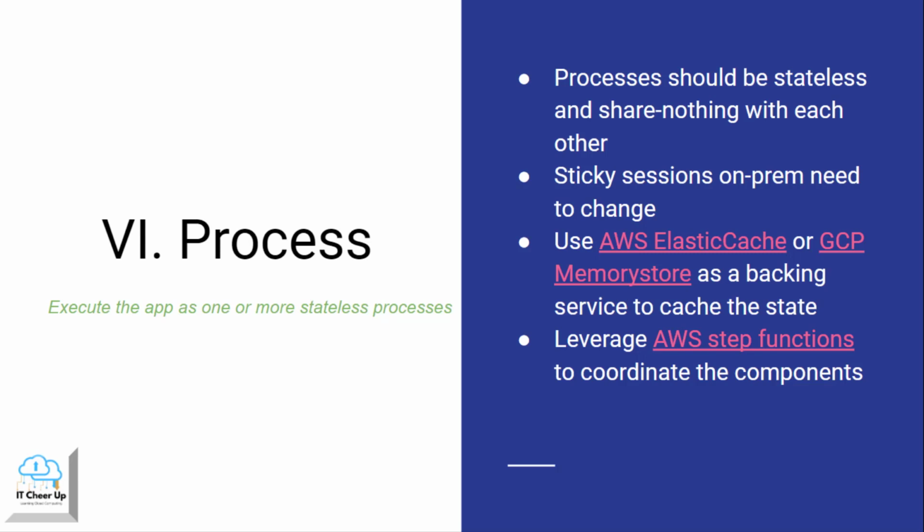Both GCP and AWS offer fully managed in-memory data store services for Redis and Memcached with scalable, secure, and highly available infrastructure. So you can use AWS ElastiCache or GCP Memorystore as a backend service to cache the state for your applications and share the common data between the processes.